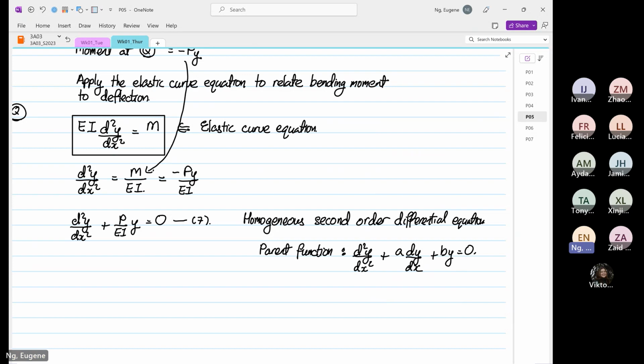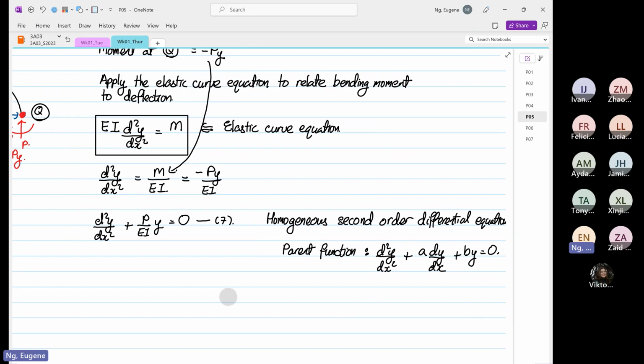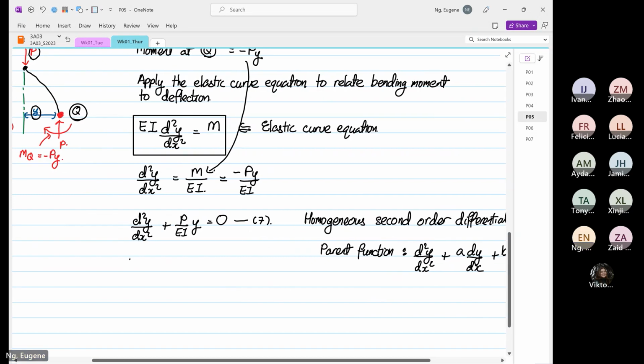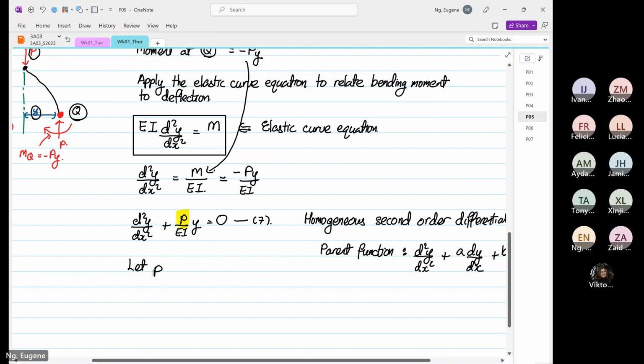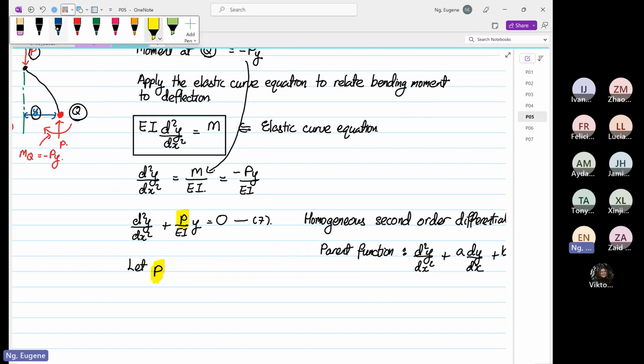By looking at equation number 7, we are going to let small p, not big P, be the variable. This is capital P and this is small p, you can see the difference, right? The round part of the small p is written on the line, so they are not the same thing.